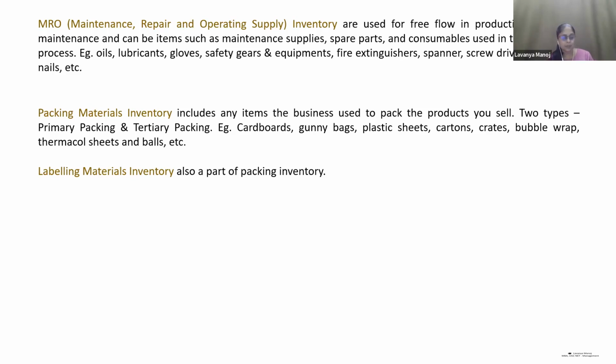And we have labeling companies also, because they design the label according to the customer's preference. Here customer means the companies. For a labeling company, the customer is the company which gives a product for processing.